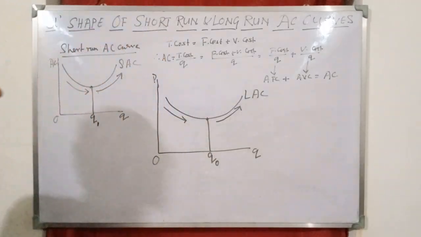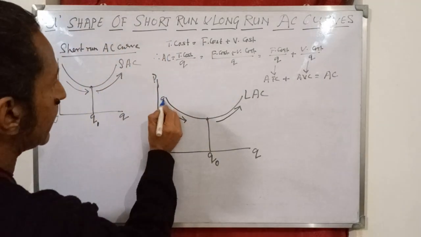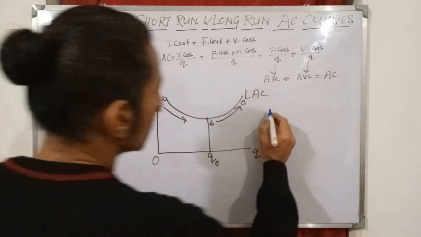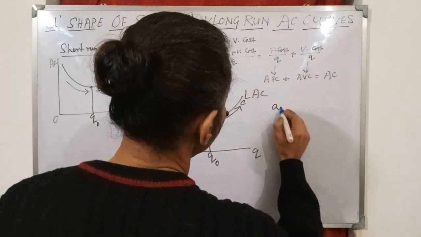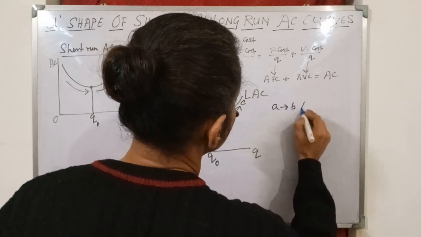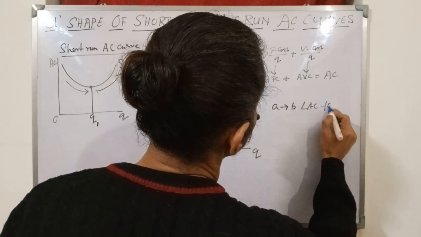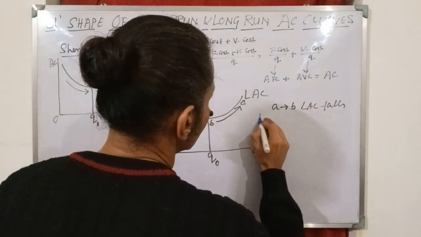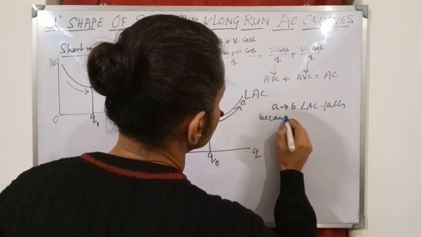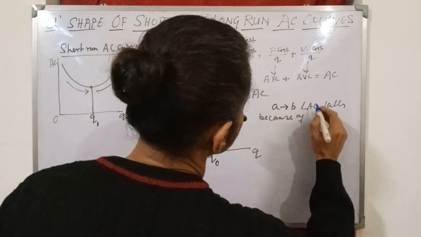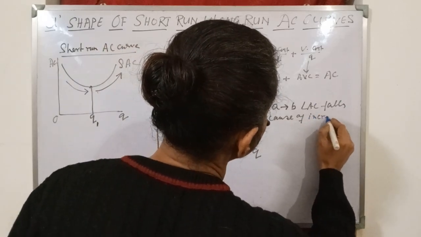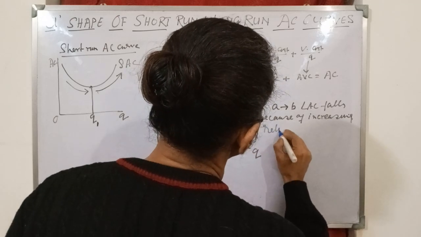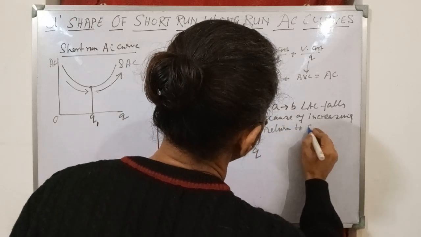Now, say this is point A, this is point B, this is point C. So from A to B, LAC falls because of increasing return to scale.